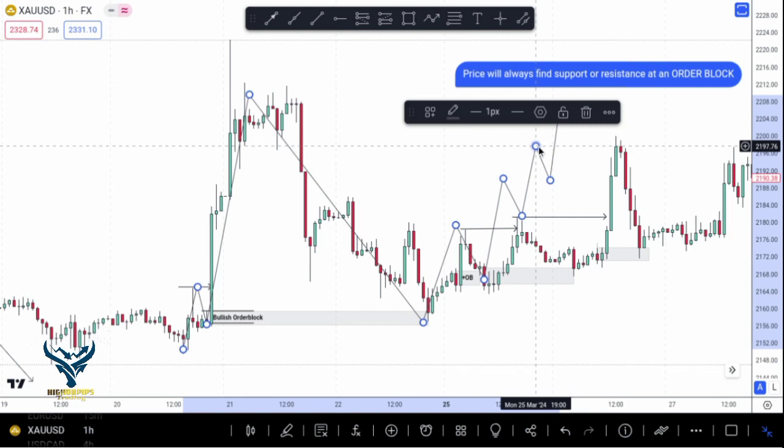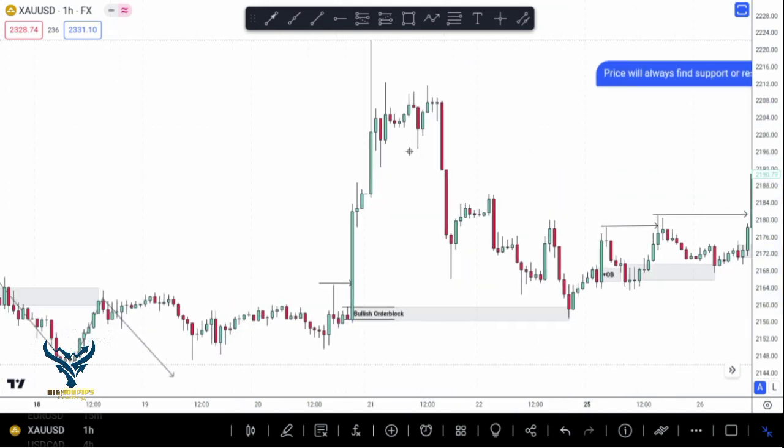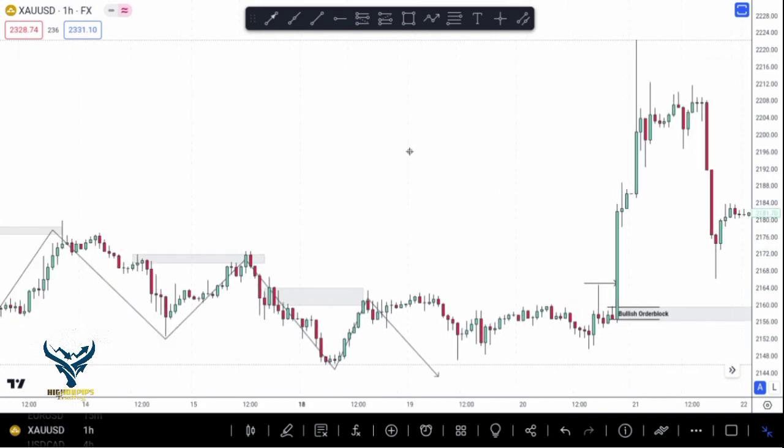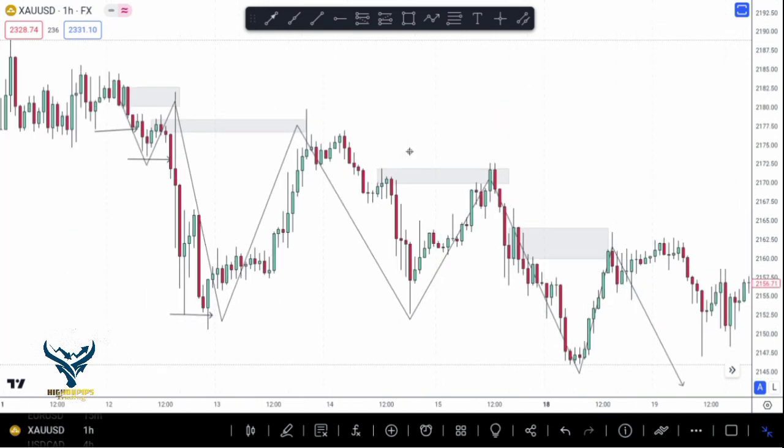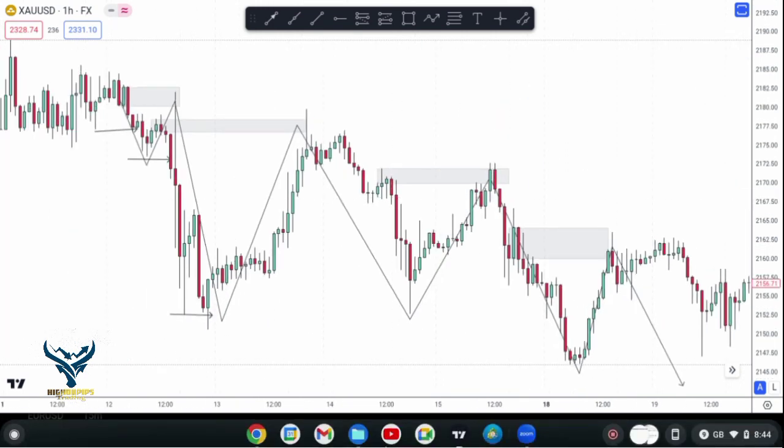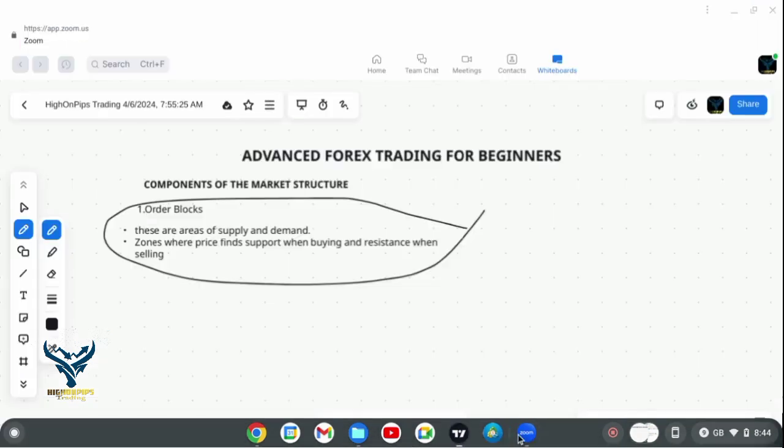Now, as the market was retracing, it was finding support on order blocks, right? Now let us identify order blocks. An order block, this is the definition. Let's define what an order block is.